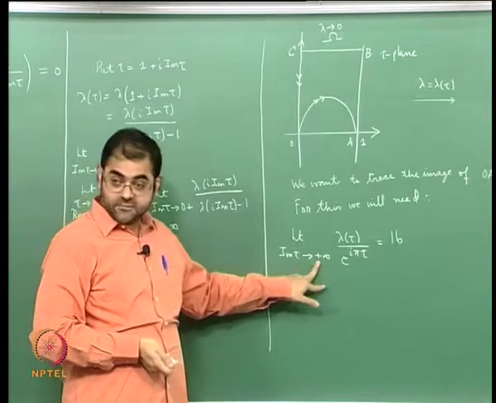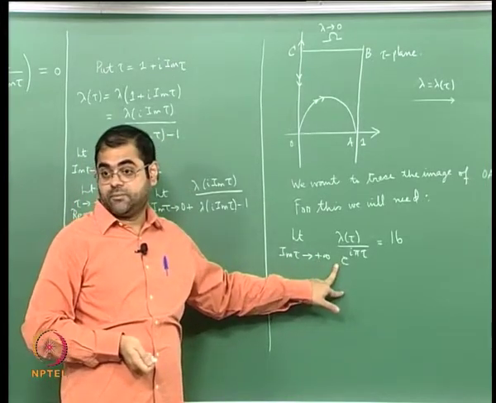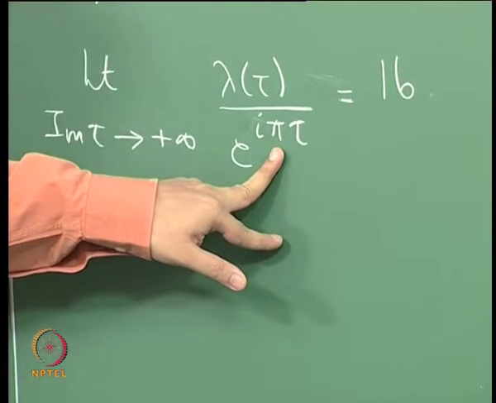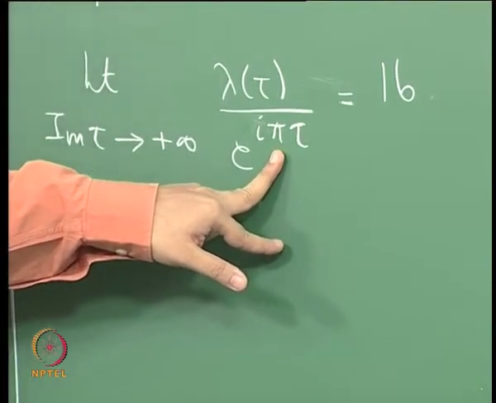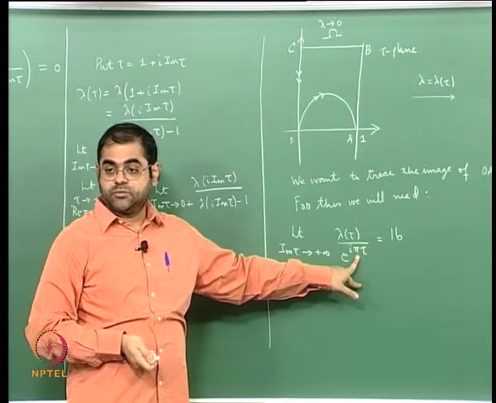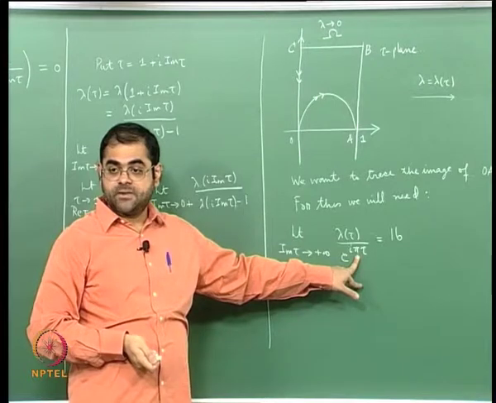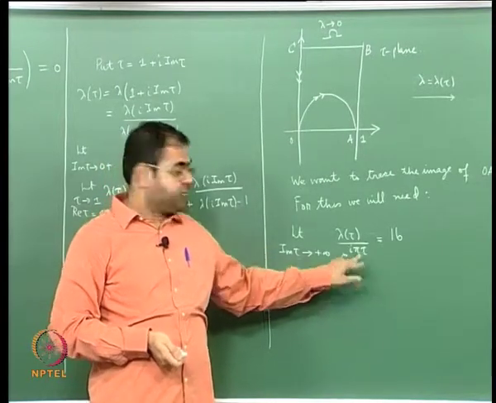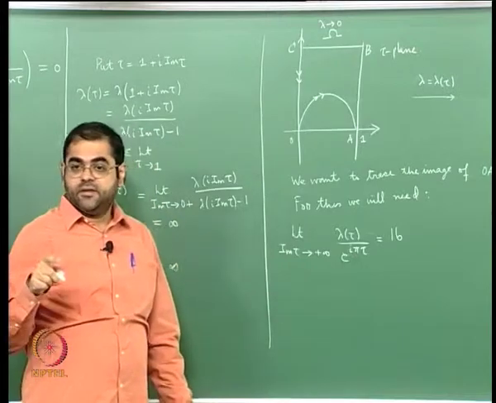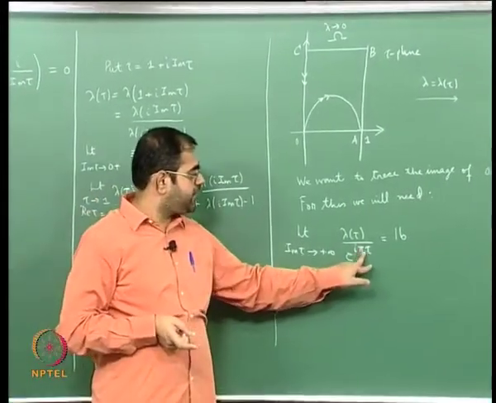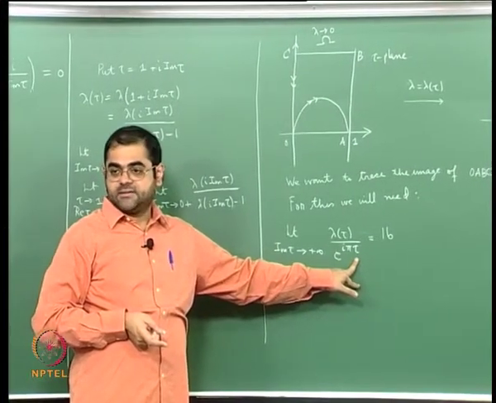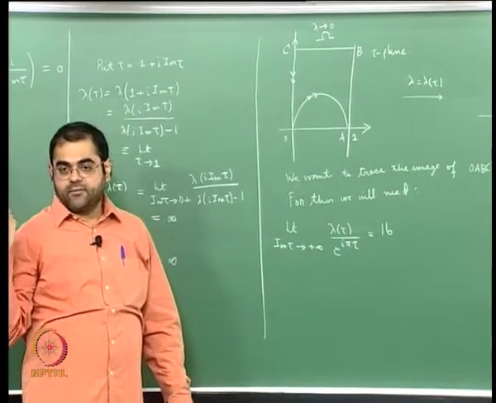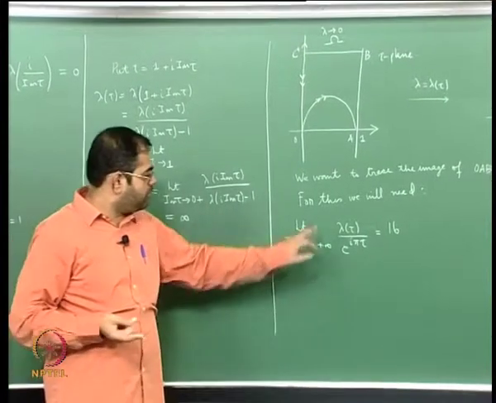As the imaginary part of tau tends to plus infinity, one also knows that e power i pi tau will also tend to 0. Because if you write tau as x plus iy, this will be e power i pi into x plus iy, so it will be e power i pi x, which has modulus 1, into e power minus pi y, and if you let y tend to infinity, e power minus pi y goes to 0. So both of these are going to 0.